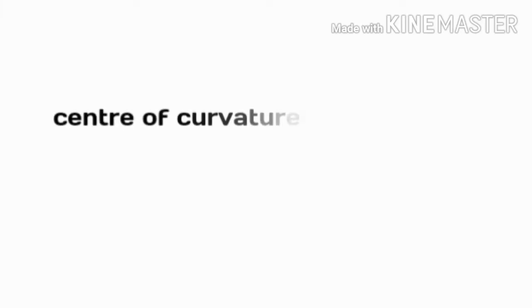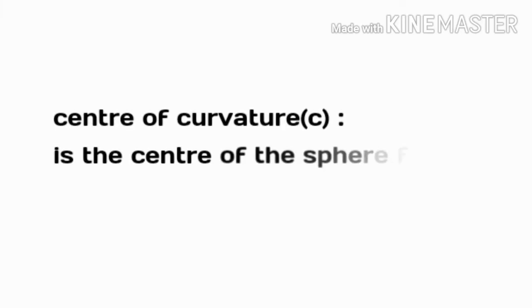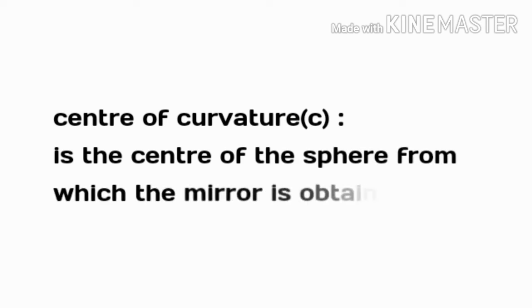The next term is the center of curvature. The notation used for it is capital C. The center of curvature of a spherical mirror is the center of the sphere from which that spherical mirror is formed. We already mentioned that concave and convex mirrors are obtained from a complete spherical shell.